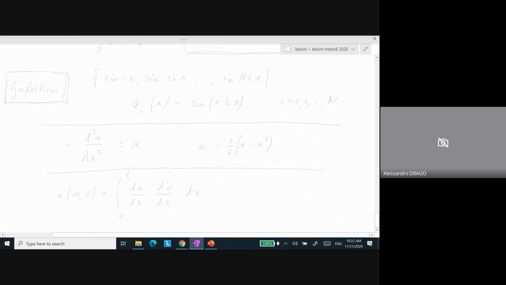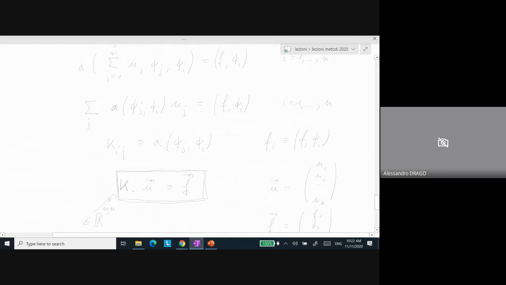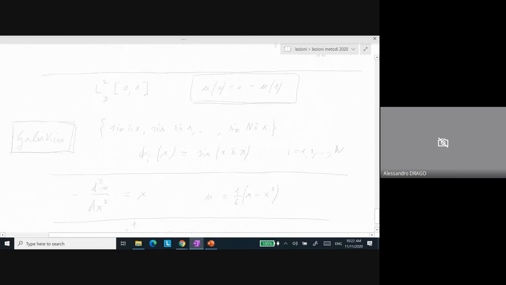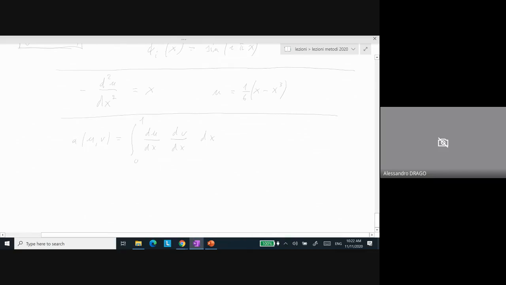So what we did a moment ago was to say that we have to, first of all, build a matrix in which we are using this scalar product between two elements of the basis. So let's go down here. We can build the matrix elements.